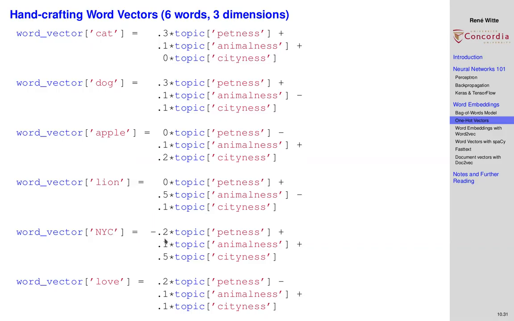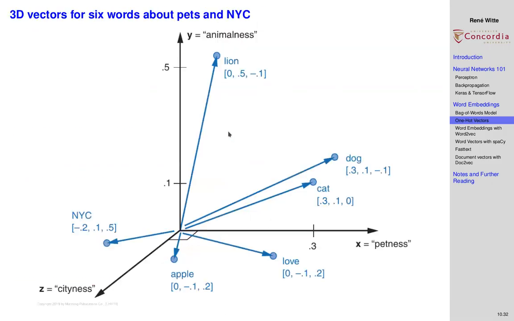New York City, on the other hand, here we give it a negative value for petness and give it a high value for cityness. So you can see we can manually decide what the dimensions are, and then we can make a word vector by manually defining the value for each of these 3 dimensions. And now if we do this, we end up with a 3-dimensional vector space, and we can visualize each word in these 3 dimensions here.